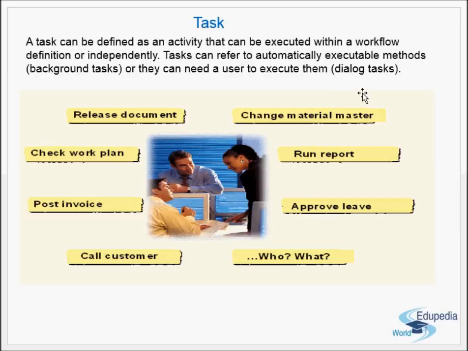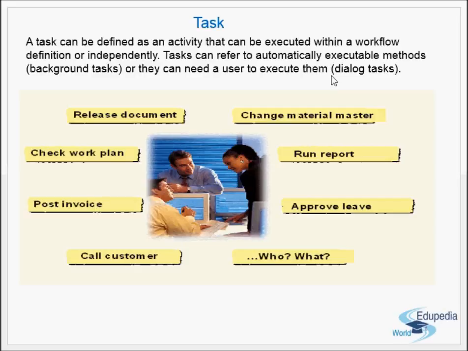They can be executed within a workflow definition or independently. The task can refer to automatically executable methods or they can need a user to execute them. So depending upon the configuration of the workflow, the task can flow automatically or it will need user intervention. Depending upon the user's discretion, the task will continue.